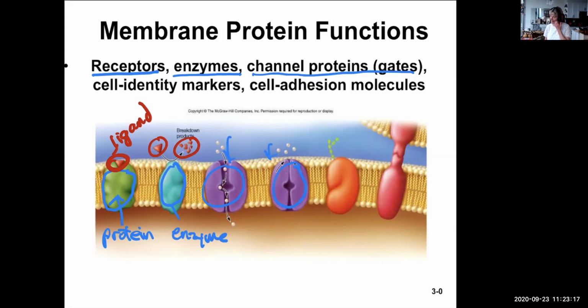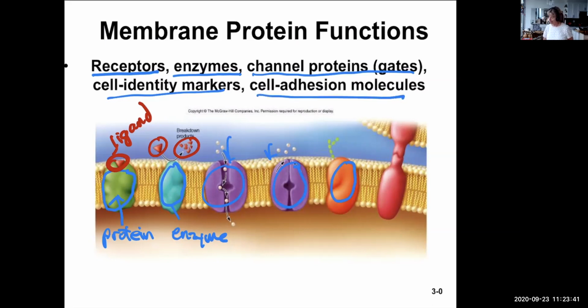Some are cell identity markers, and they identify the cell largely as being your cell. So they identify your cells as yourself. Yes, the plasma membrane, I have a question. The plasma membrane is the same as the cell membrane. Thank you, that's a good question.